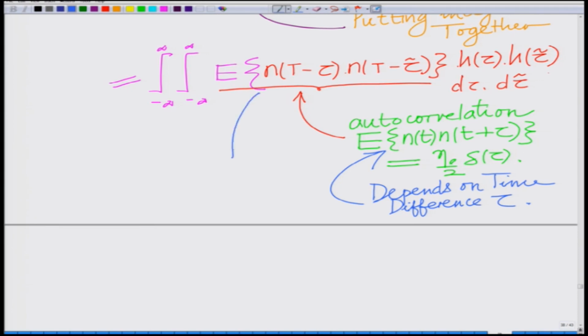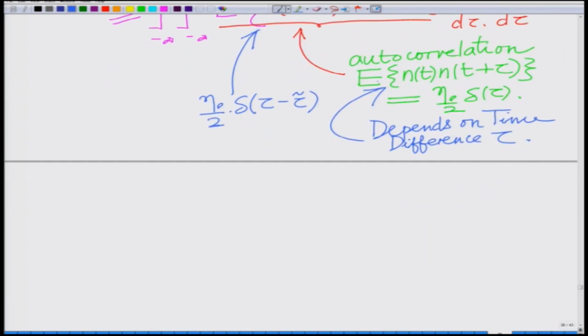So, therefore, if you look at this expected value of n(t − τ) into n(t − τ̃), this is nothing but η over 2 times the delta of the difference between both, that is δ(τ − τ̃), or δ(τ̃ − τ), both of them are one and the same. Okay. That is interesting.